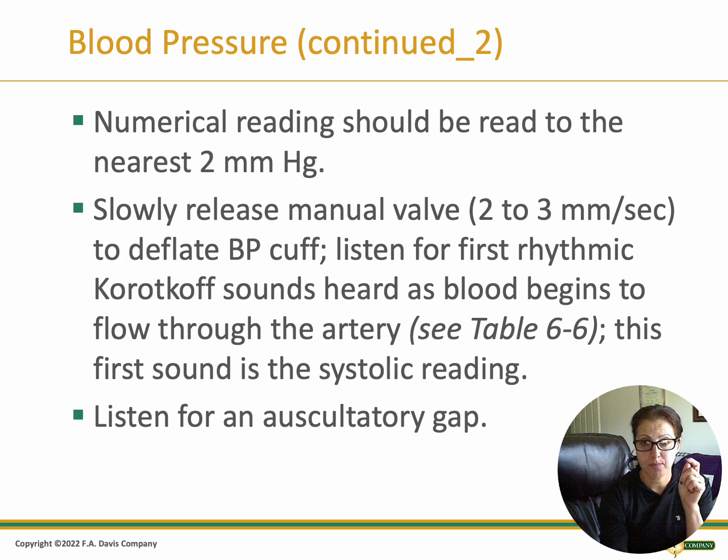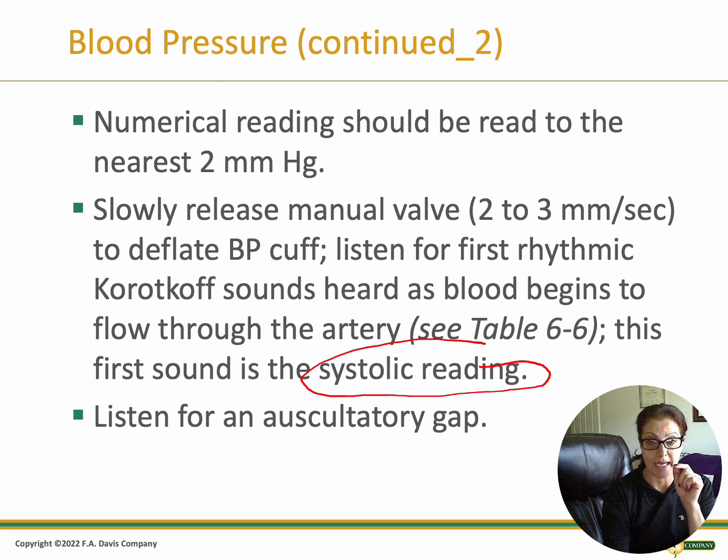At the next step, you're going to apply your stethoscope and inflate 30 mmHg above where the radial pulse stopped, and you'll get that first beat. That first sound that you hear is your systolic reading.